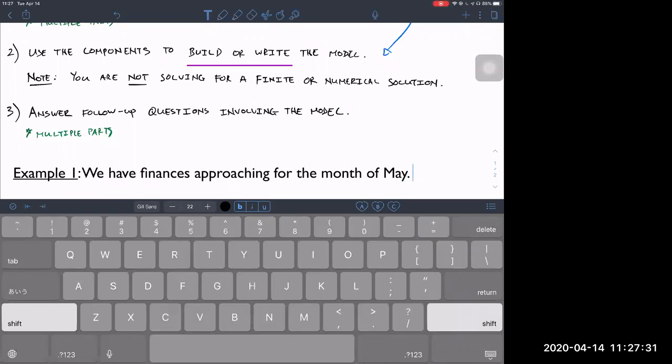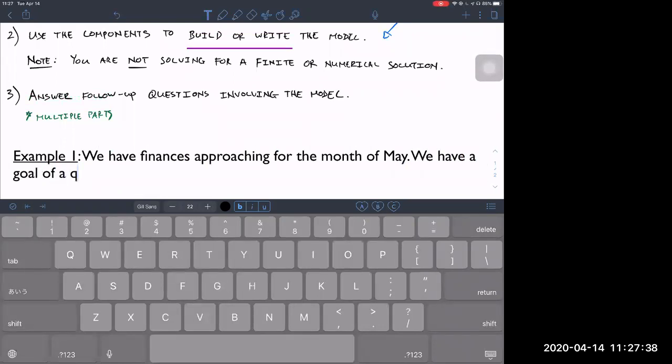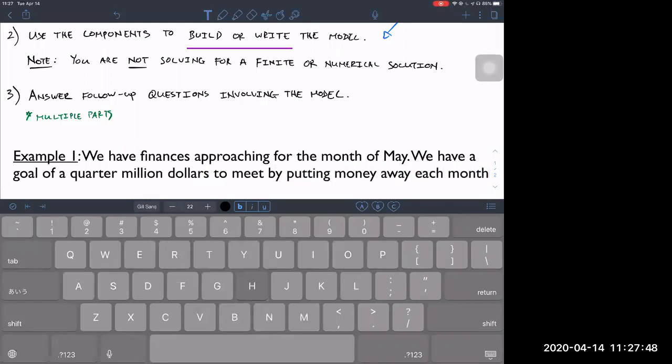And then we're going to say something such as, we have a goal of $250,000 to meet by putting money away each month.